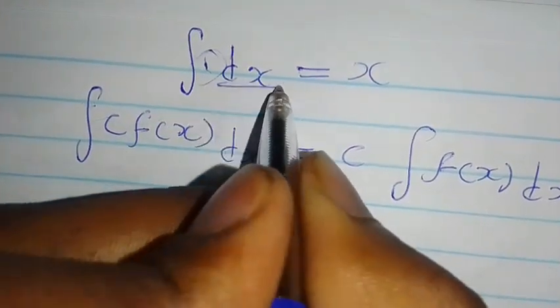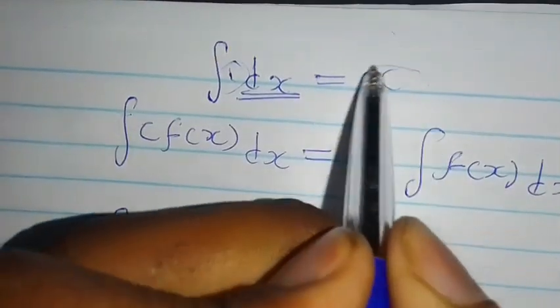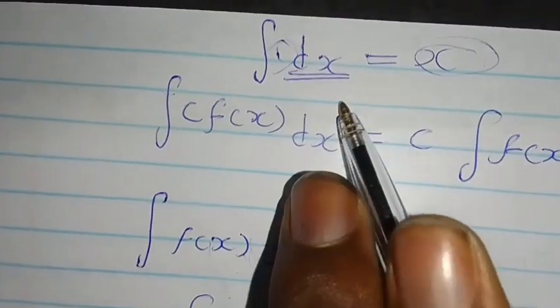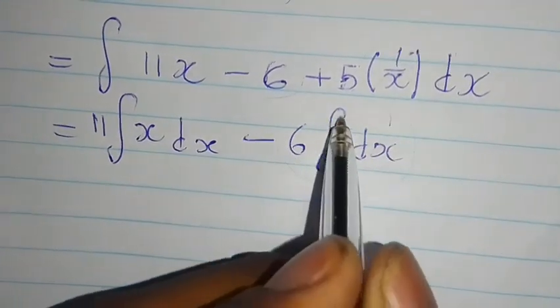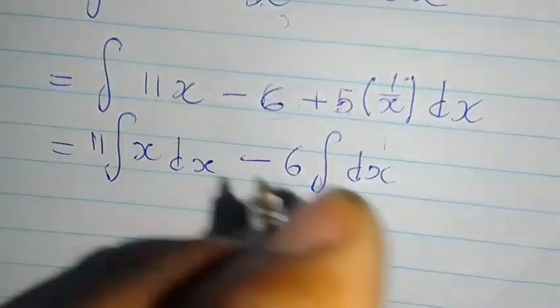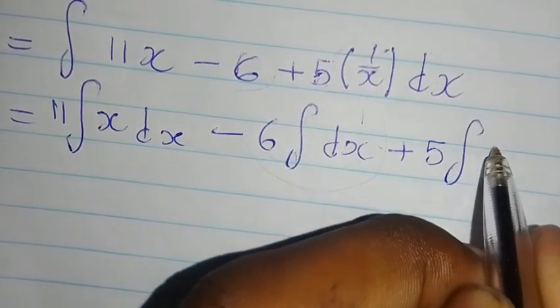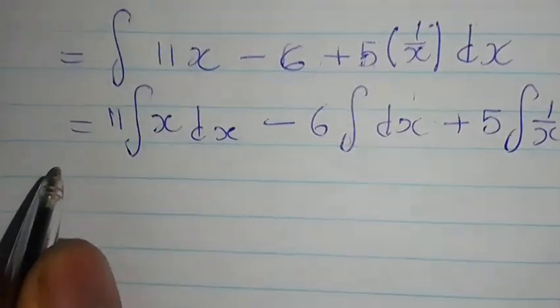So it's just the integral of an infinitesimal number that's extremely small, then you'll get x. So that's if you're integrating with respect to x. Now back to the question. I just took the constant outside. Then you'll have 5, the integral of 1 over x dx.